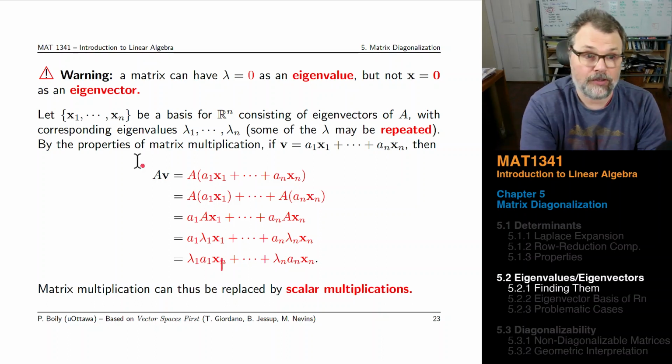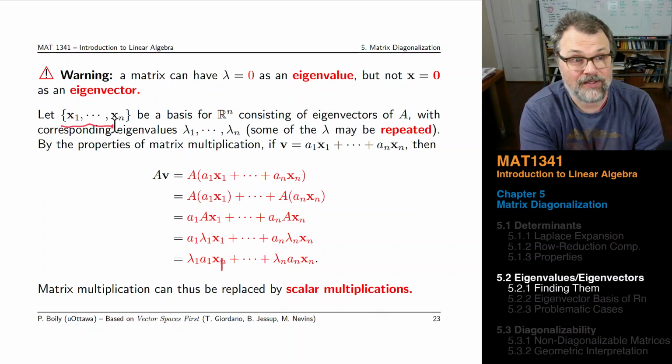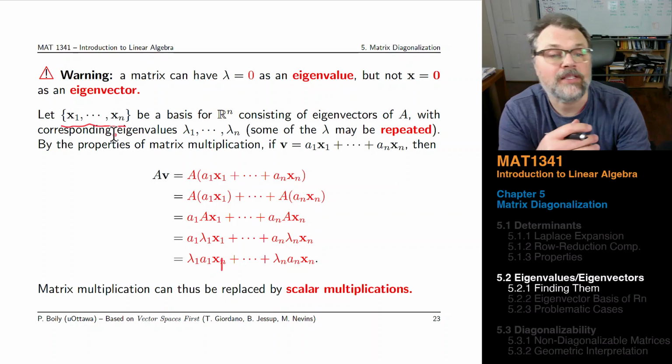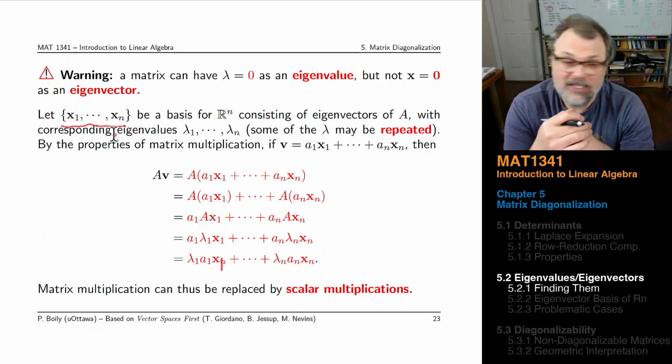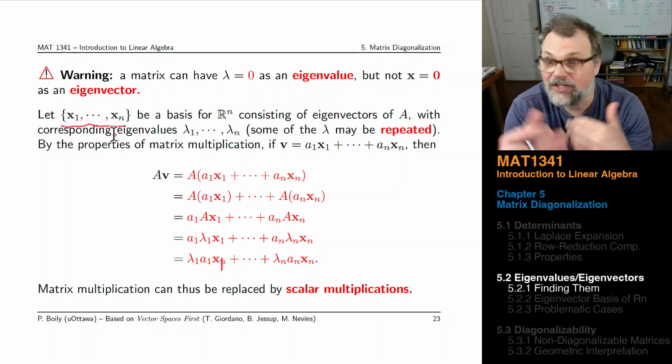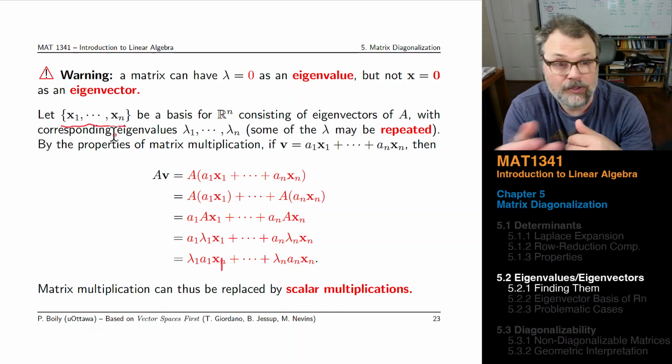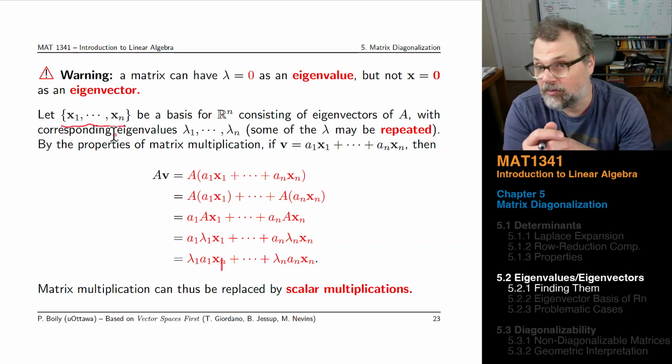Matrix multiplication, if you have the right basis to start with, you can replace it by a sum of scalar multiplications. And typically we find scalar multiplications easier to conduct than matrix multiplication.